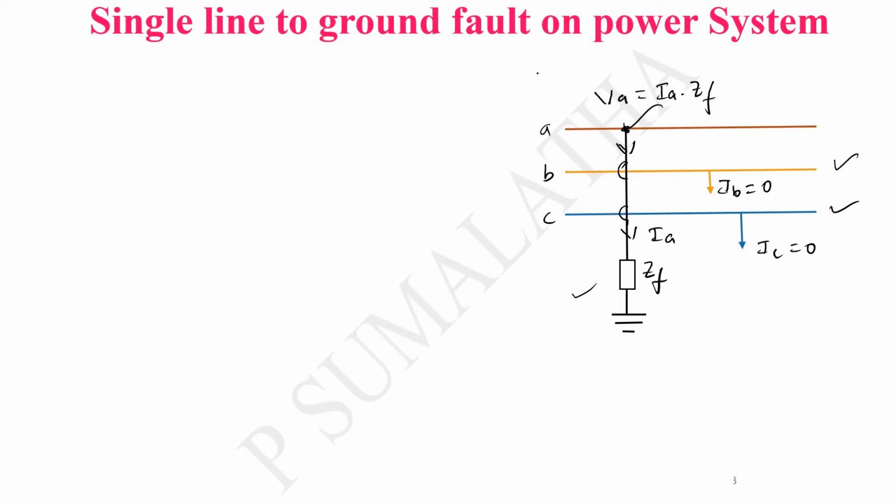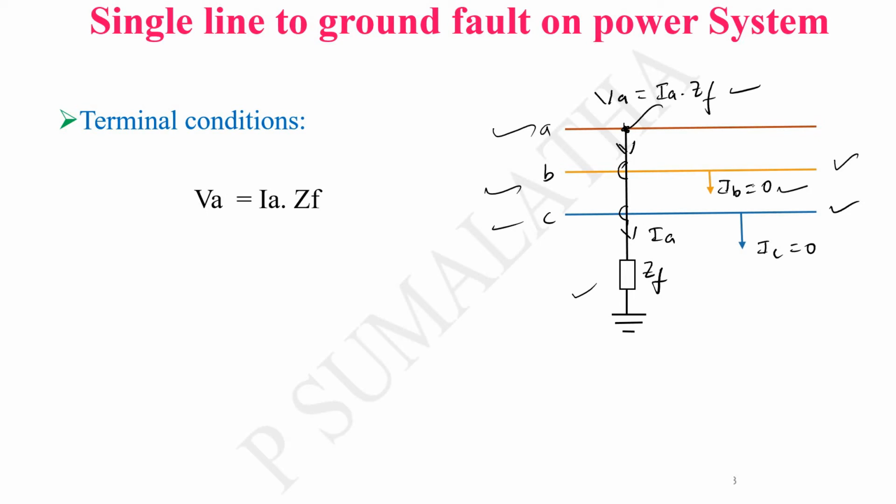Now let us consider these as the terminal conditions. First one, VA is equal to IA into ZF with phase A, and with respect to the other two phases B and C, the fault current IB equal to 0 and the fault current IC equal to 0.